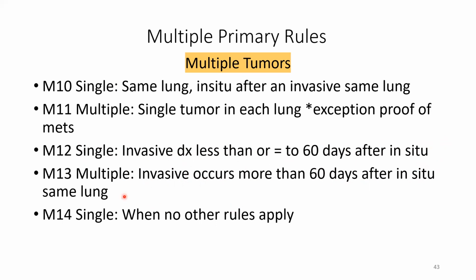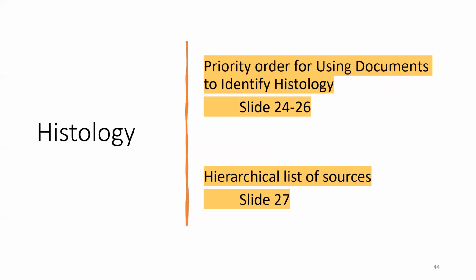And then if you get to M14, no other rules apply, and it's a single primary, it's a good idea to go back through the rules and just make sure that you didn't miss something. So those are the multiple primary rules.